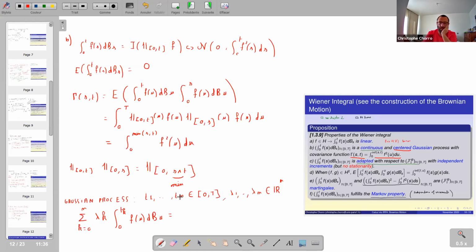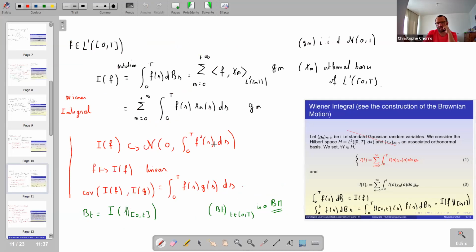But what is this one? In fact, we are going to use the linearity, and by linearity, I can write I of the sum from k equal to 1 to n of lambda k times the indicator function of [0,tk] f. And I know that necessarily this one is Gaussian because I know that I of something follows an N(0, integral between 0 and capital T of f square of s ds).